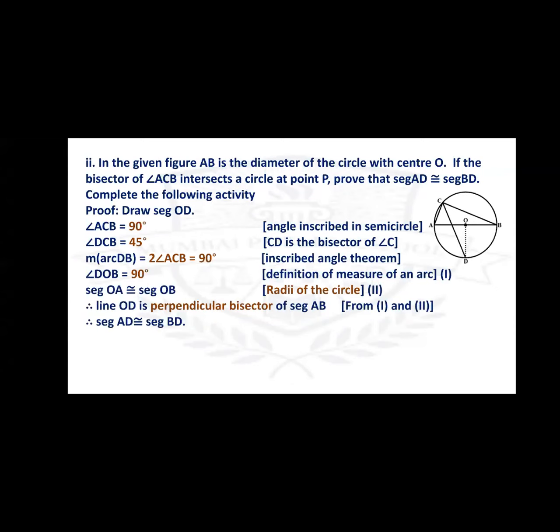And BD is the bisector of angle C. Therefore angle DCB is equal to 45. So this angle is inscribed by arc DB. So the central angle is double, 2 into 45, that is equal to 90 degrees. So angle DOB is 90 degrees, and OD is the perpendicular bisector of AB. Okay.